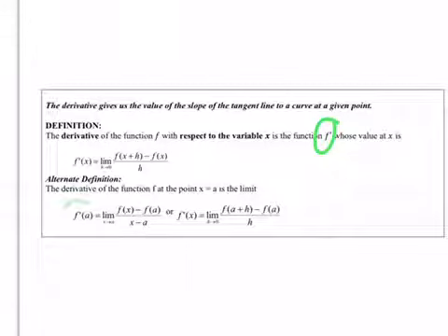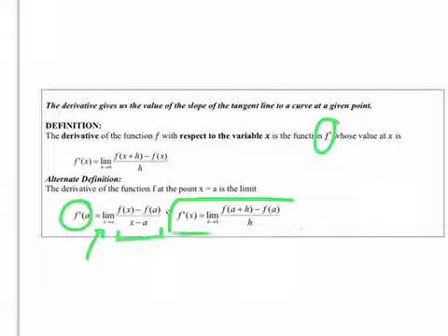So the derivative at a point a is this alternate form of the difference quotient, but what you'll notice is that the limit is not where h is approaching 0, it's now where x is approaching a. Another way to write that, which is very similar to what we saw above, is the limit as h goes to 0 of f of a plus h minus f of a over h.